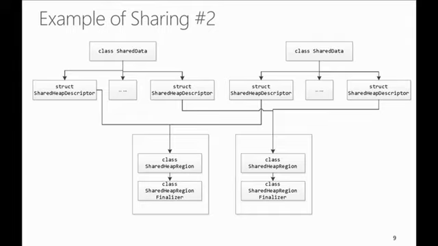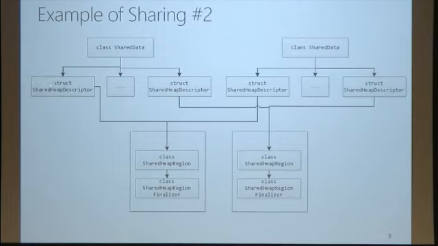Or you say, I really want to add something in between. You can do that here. So this is the first example of sharing. This is the second example of sharing. On the left-hand side, I have a shared data. I can call clone on the shared data and get a different shared data here.